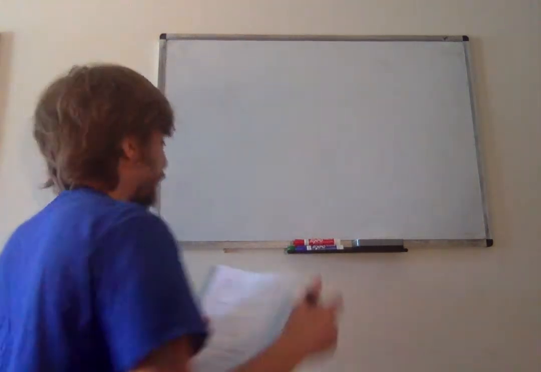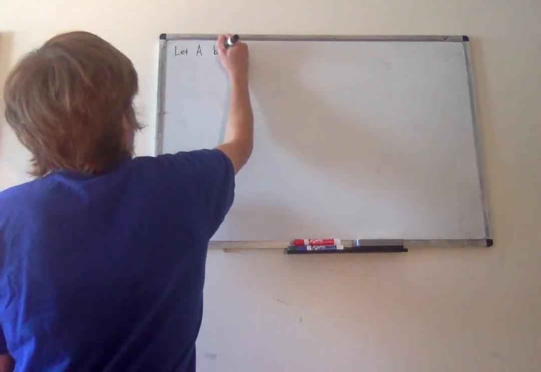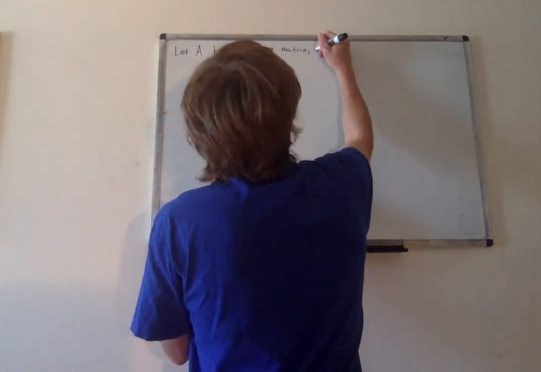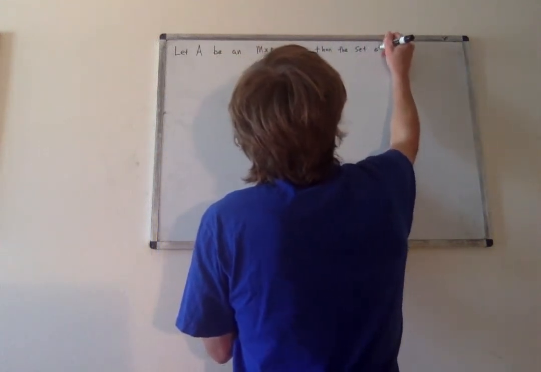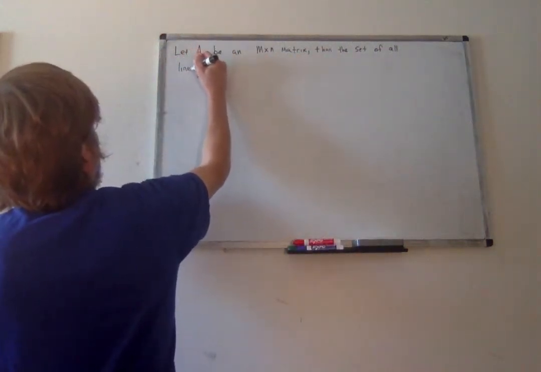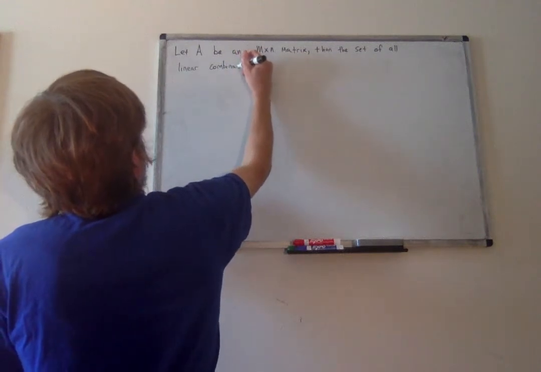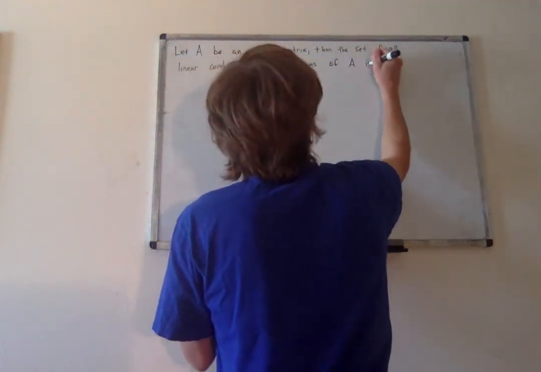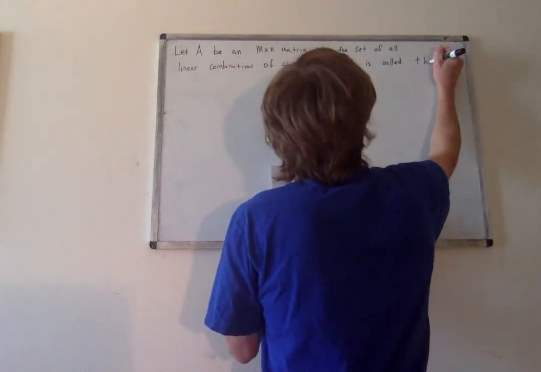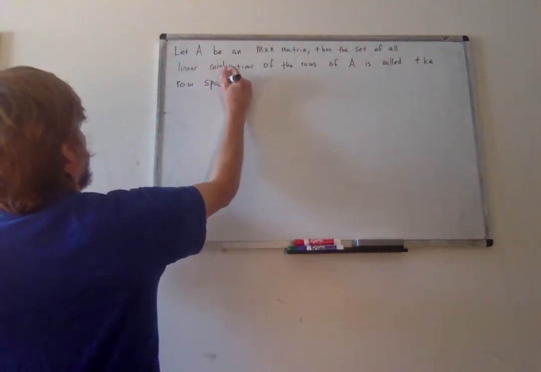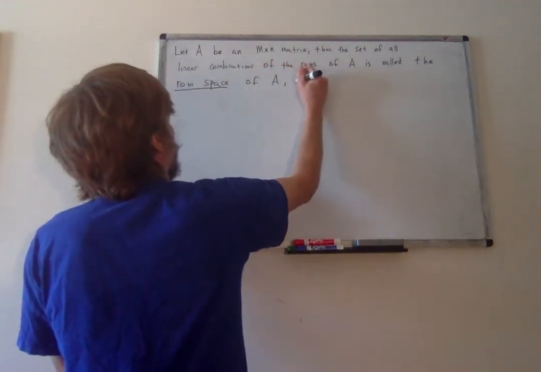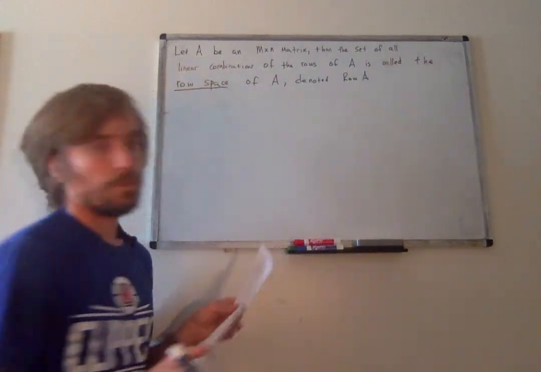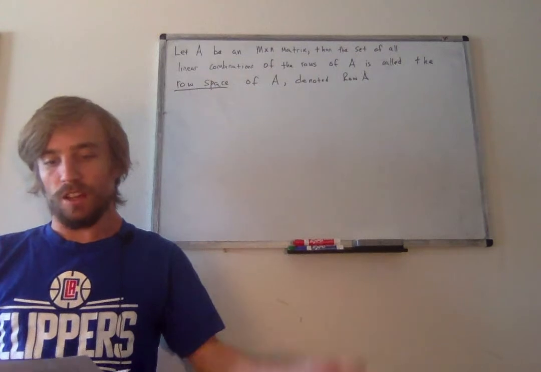So we're going to let A be an M by N matrix. Then the set of all linear combinations of the rows of A is called the row space of A, and we denote it much like we did the column space, as row A. So it's basically just the column space but with rows.